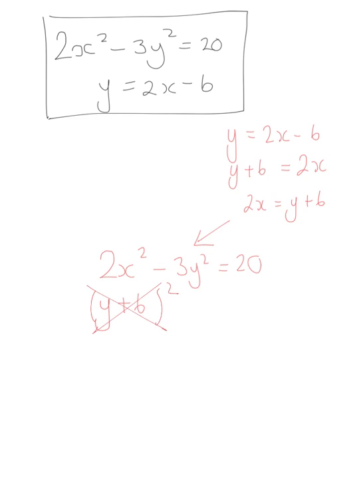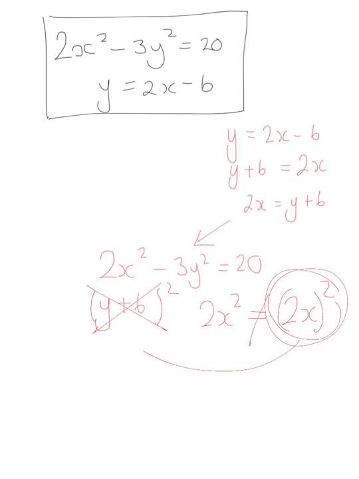And that is wrong. So what I want you to realise is the 2x squared is not the same as 2x all squared. And that's what you've actually done when you did that before I scored it out. So I want you to realise that's a mistake to look out for.